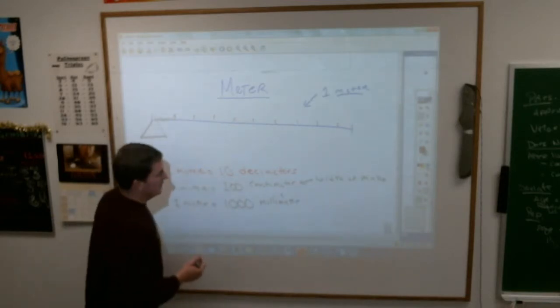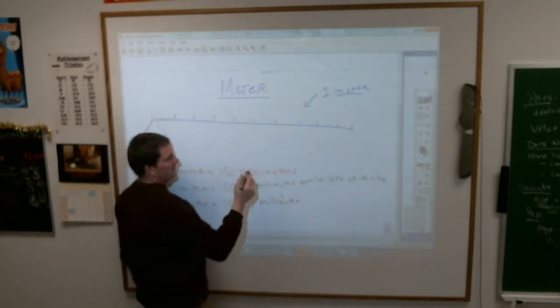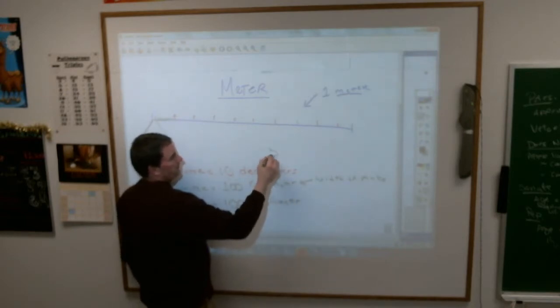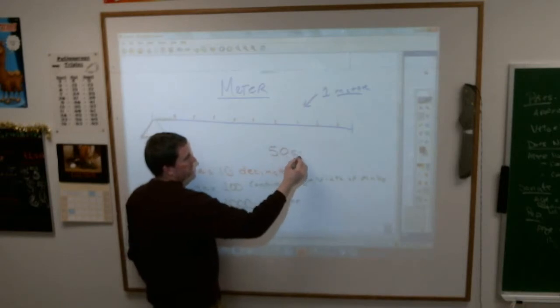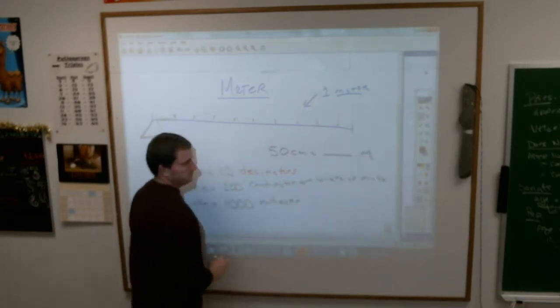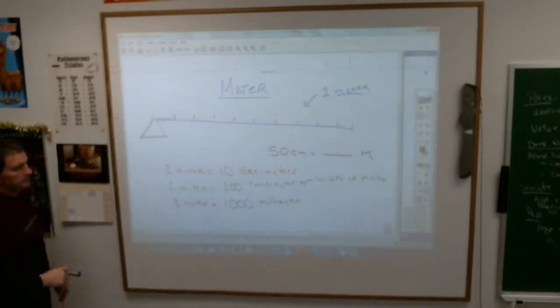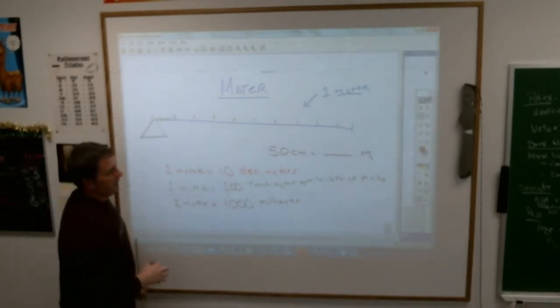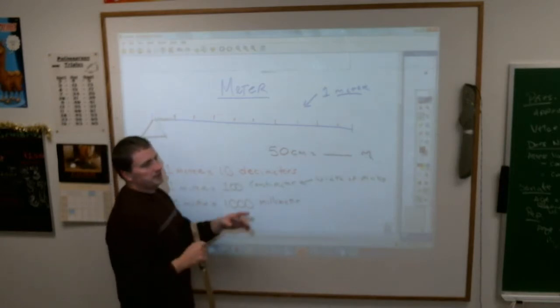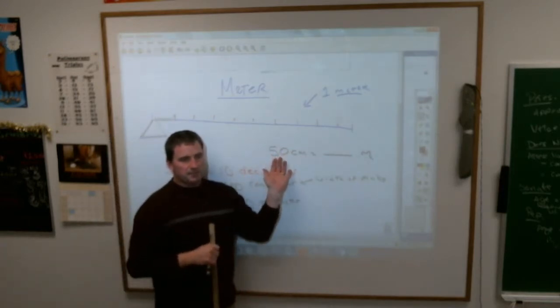For example, if I have, I don't know, 50 centimeters, and I want to know how many meters that is. To change centimeters back into meters, the digits stay the same. There's going to be a 5 and probably a 0 there somewhere.